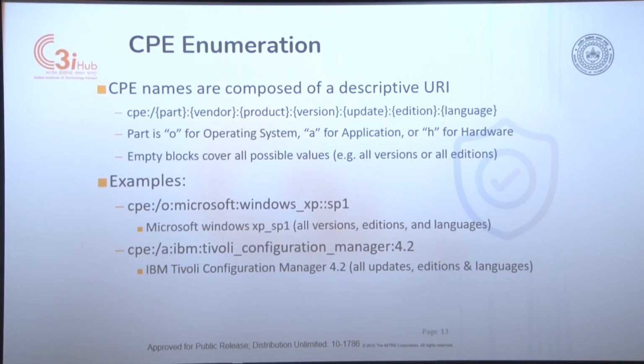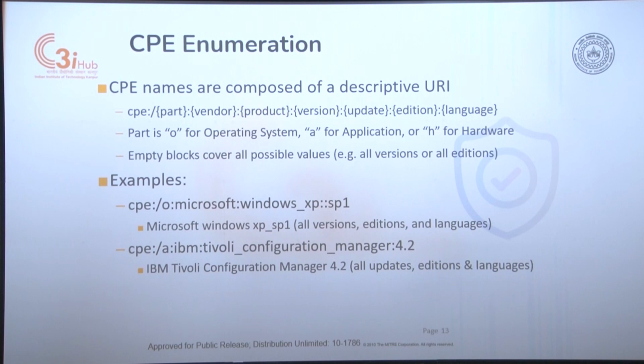Whenever you are talking about some CVEs, for example, when you are saying that there is a vulnerability, you have to uniquely identify which platforms. For example, you can have a vulnerability that only applies to certain versions of Windows 11, not every version of Windows 11. So you have to specifically say what versions of Windows 11 are affected by this CVE and which versions are not affected by the CVE.